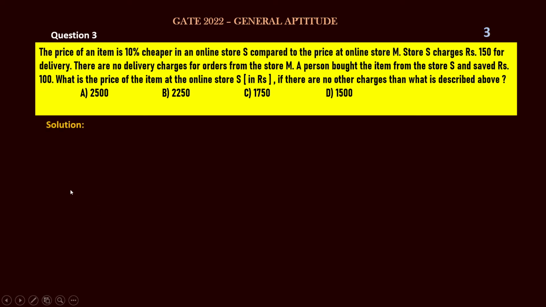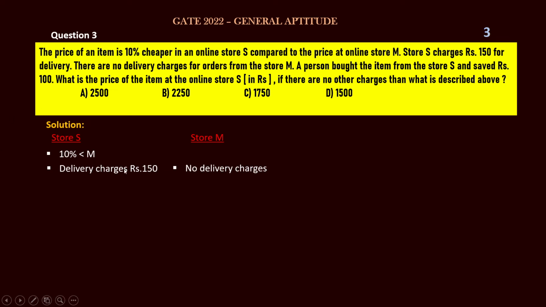First we will write the given values. Here there are two online stores, store S and store M. We will write the conditions for store S and store M. The price of the item in store S is 10% cheaper than the online store M. There are delivery charges of rupees 150 in store S, but in store M no delivery charges.